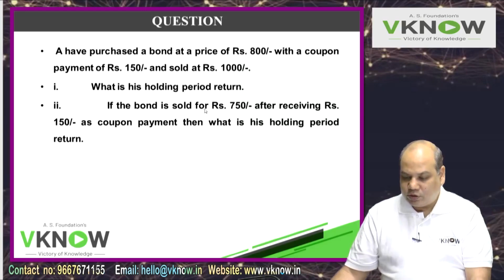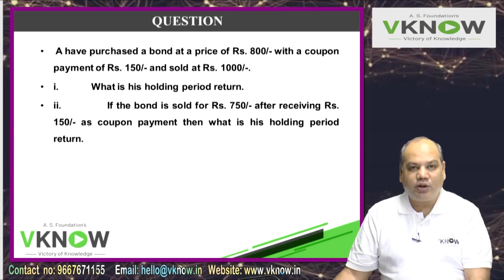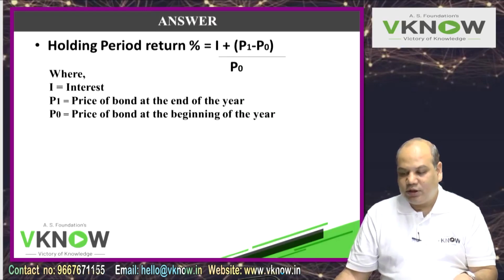So in this case, what will happen? He bought it for 800. He sold it for 750. There is a loss of 50 rupees here, but he got 150 coupon. So 150 minus 50, 100 divided by 800. So that will give you holding period return. Let us present it neatly, cleanly, properly.